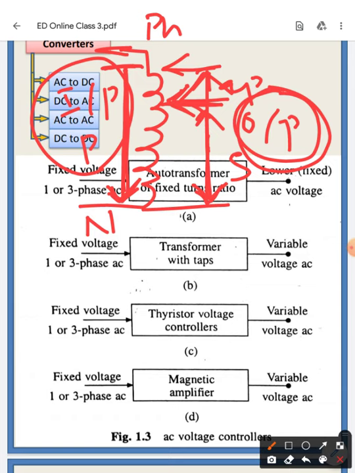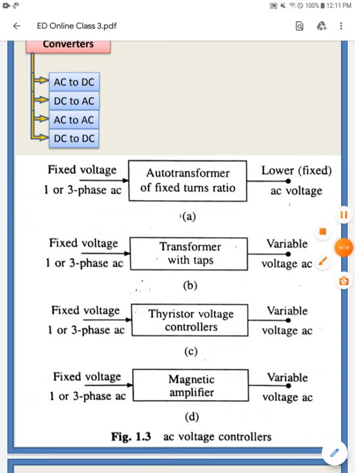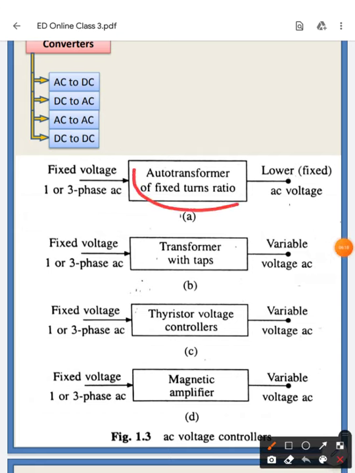If the tap keeps shifting downward, the secondary number of turns decreases again, which means the output voltage will decrease gradually. So here one auto transformer is connected, and we have realized how the auto transformer is working.